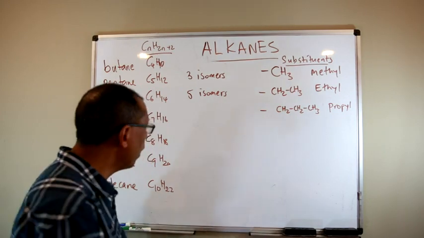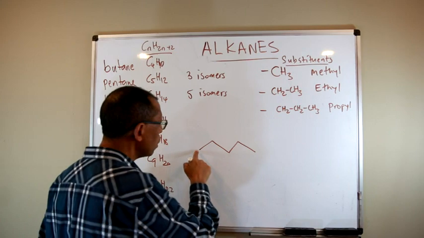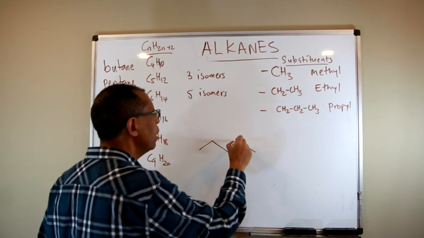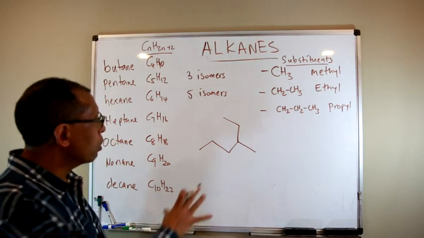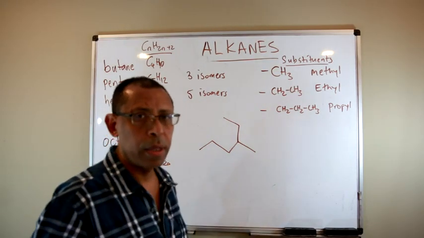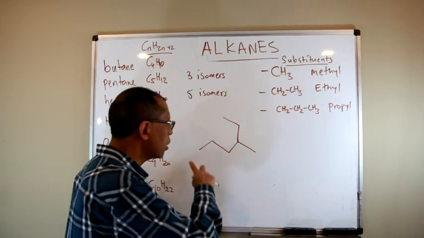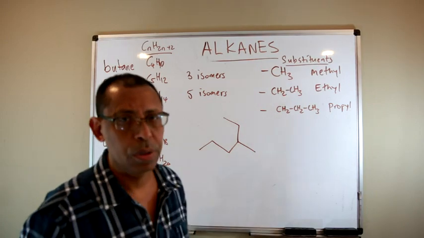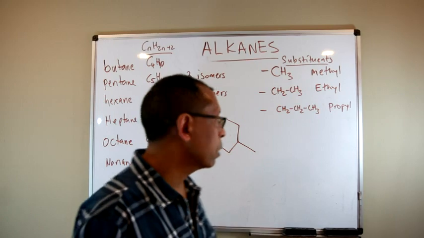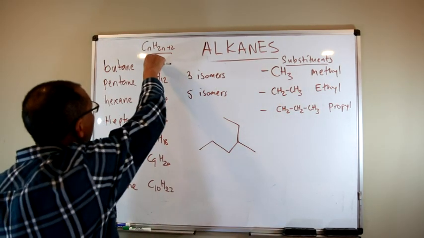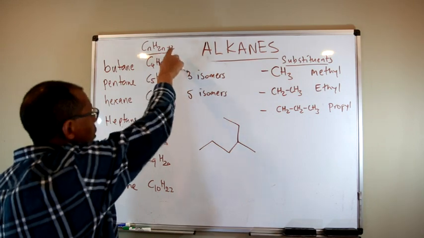For example, if I have a compound like this, 1, 2, 3, 4, 5, and something like this. You should be familiar now with the stick form of writing the alkanes. This compound has 7 carbons, so it is C7: 2 times 7 is 14, plus 2 is 16.